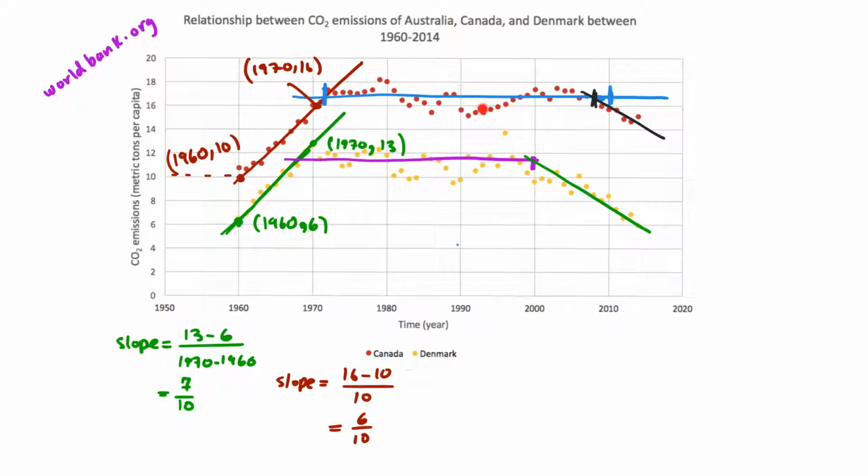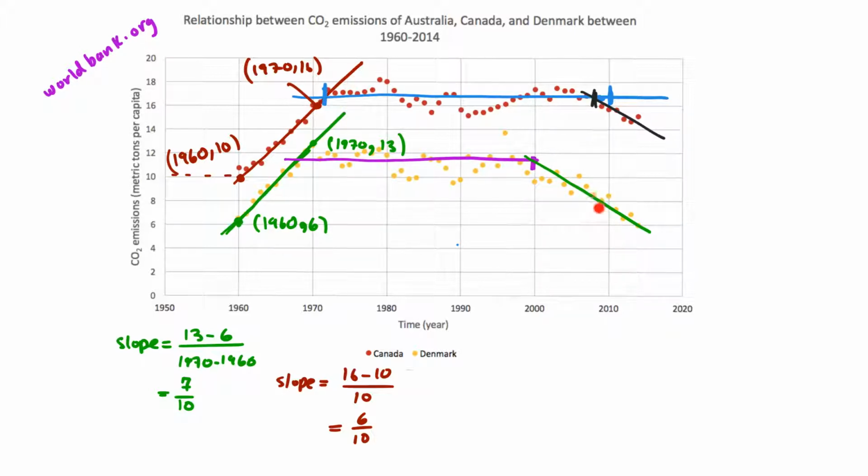And in the second part here, you can see that the slope of both of them is approximately 0. Canada keeps this slope for a little bit longer than Denmark, and then Denmark starts a little bit earlier in reducing their CO2 emissions, and since 2000 it has decreased pretty significantly.